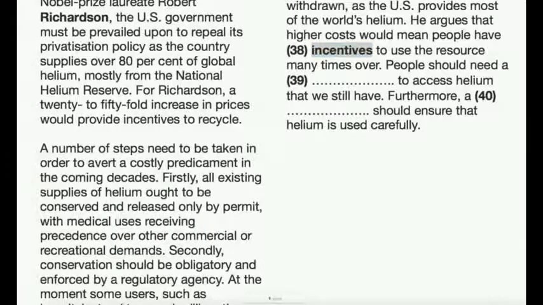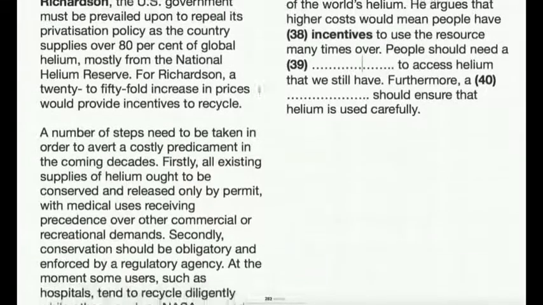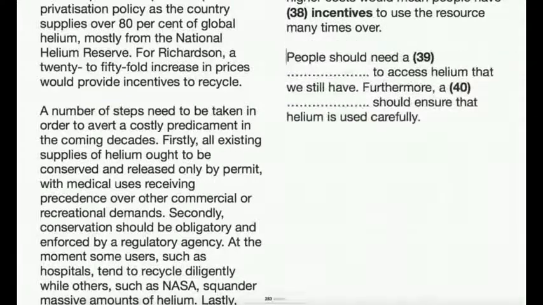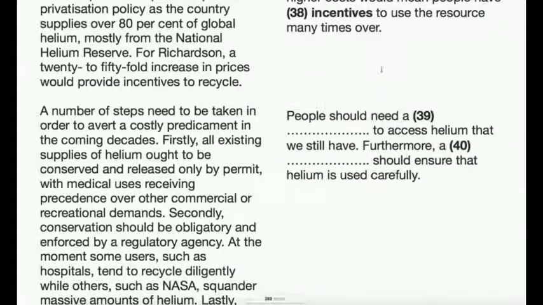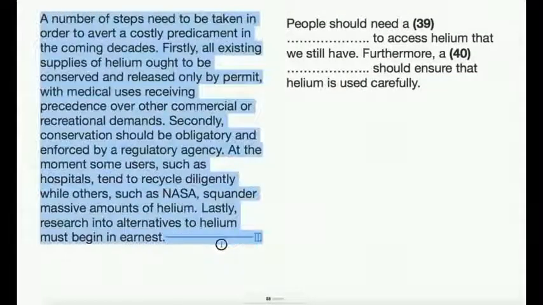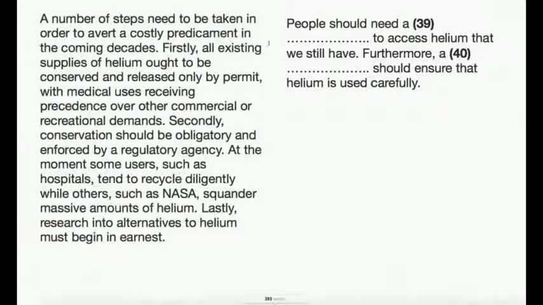Okay, now pause the recording again if you want to try and do question 39 yourself. We know the answer is going to be in these paragraphs because that's where we've got to now.